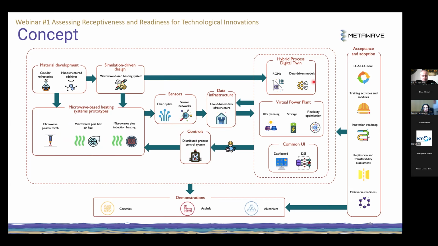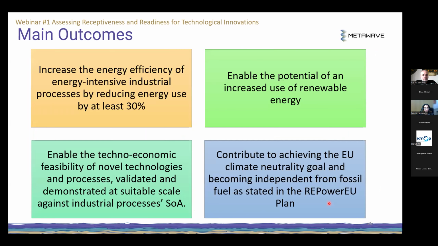And in parallel, we are developing hybrid process digital twins, a virtual power plant, including renewable energy storage and flexibility, and a common user interface to provide the user with the information. Transversal activities are a life cycle assessment and life cycle costs, training activities such as the one today, and modules, innovation roadmap, a replication and transferability assessment, and the METAWAVE readiness. And all this, as I was mentioning, in 3 demonstration plans that I will present afterwards.